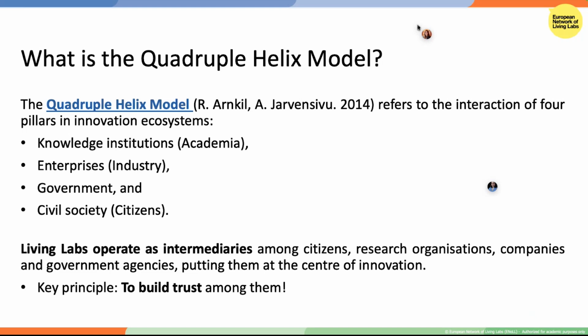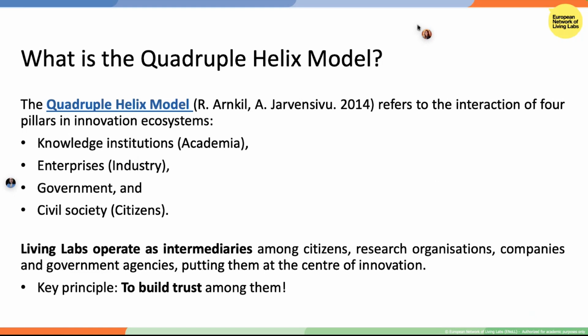And living labs operate as the intermediaries among them. So they give them a platform to exchange ideas, to discuss, to collaborate in different occasions, in different innovations, giving them the opportunity to officialize their interest, to say, we need this and we want this to be the innovation.